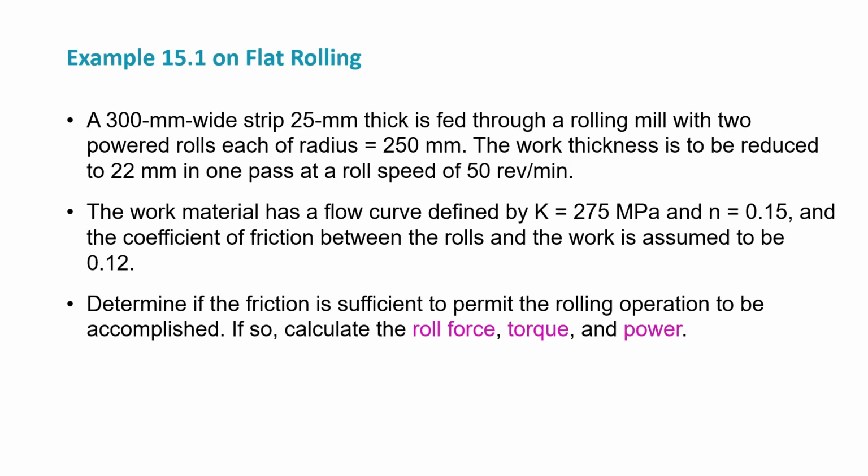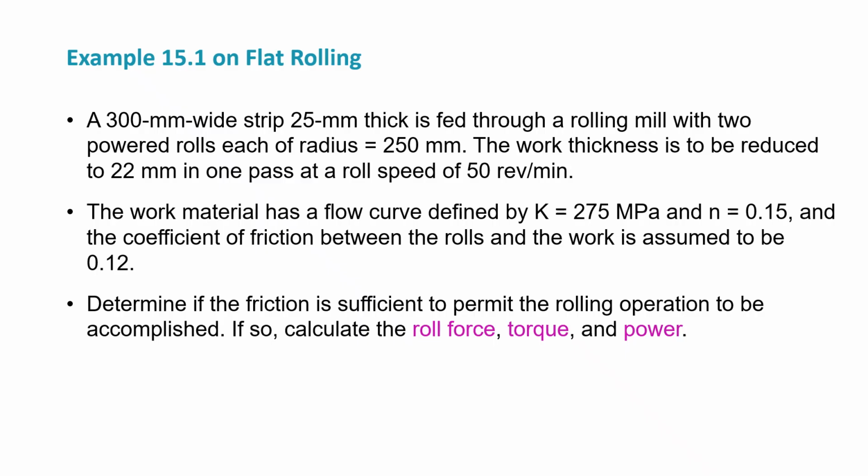So the example we have from textbook is example 15.1, and this example is saying that we have a 300 millimeter wide strip of 25 millimeter thickness fed through a rolling mill with two powered rolls, each of radius 250 millimeters. The work thickness is going to be reduced to 22 millimeters.